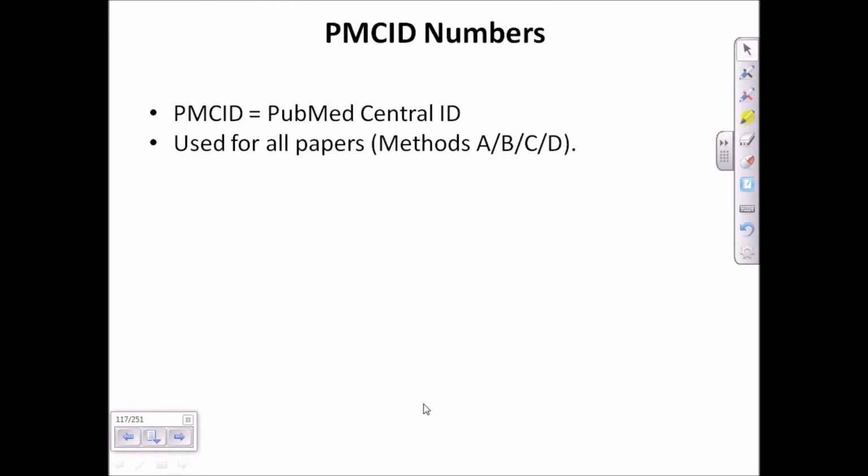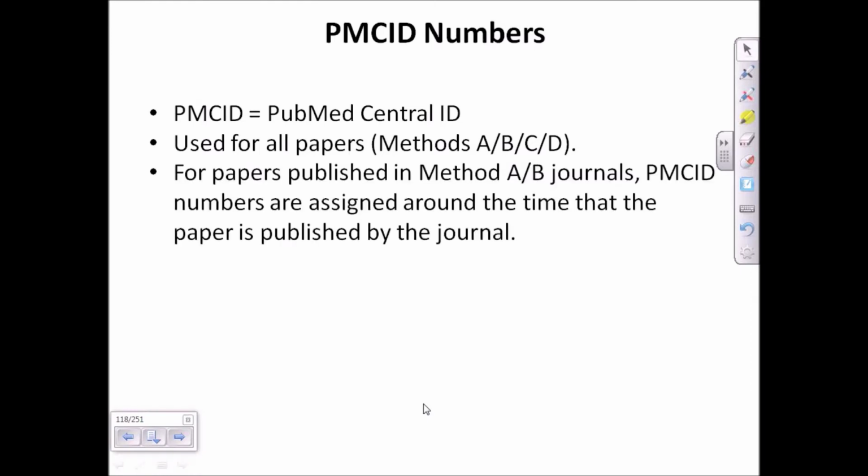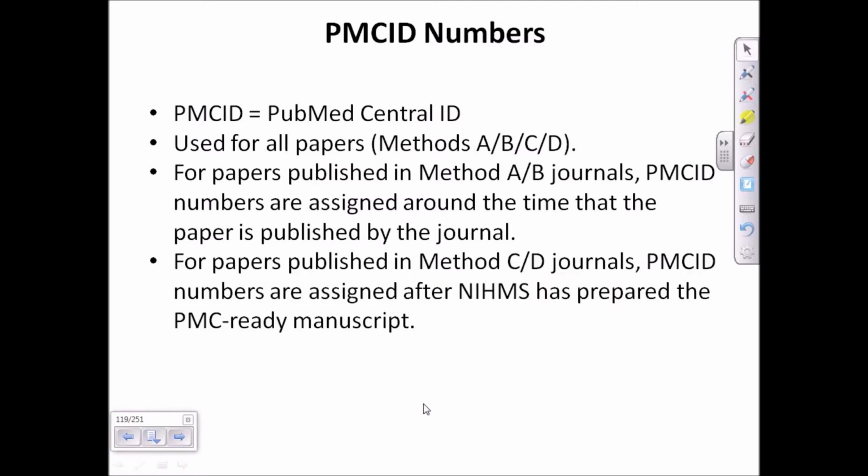They all need to have PMCID numbers. For papers published in method A or B journals, those are the direct deposit ones, the PMCID numbers are assigned around the time that the paper is published by the journal.